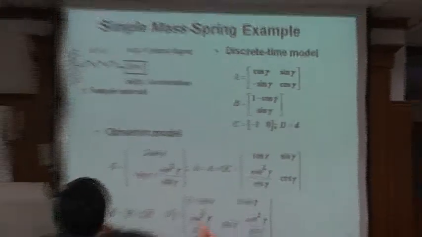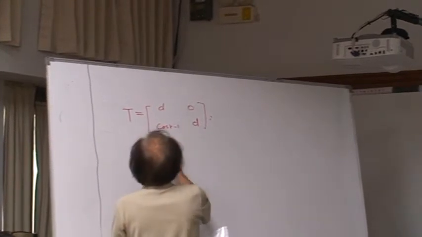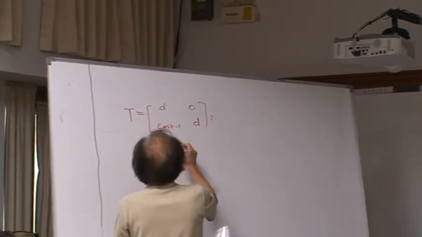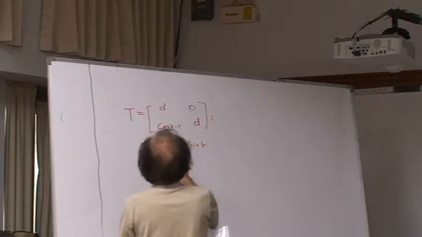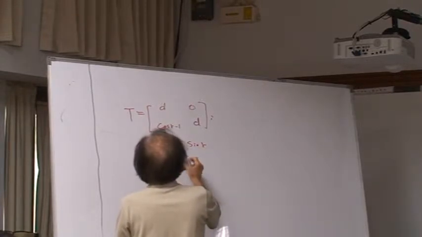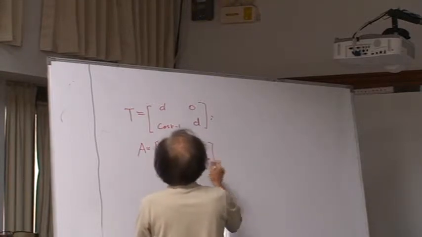My A here, I want to copy here: A equal to cosine gamma and sine gamma, minus sine gamma, cosine gamma.